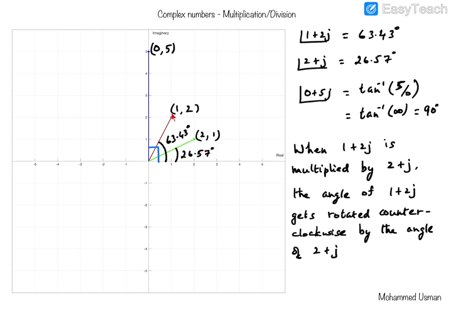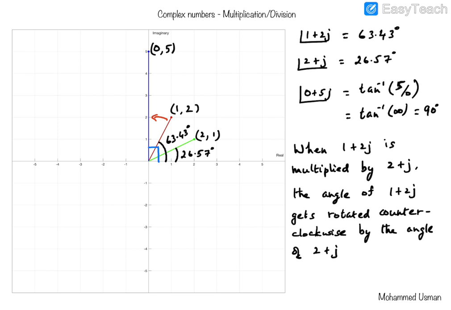Now when multiplying 1 plus 2j with 2 plus j, the effect that is going to happen is a rotation of 1 plus 2j by an angle equal to the angle that 2 plus j makes with the positive real axis, and that rotation will be in the counterclockwise direction. So this 1 plus 2j is going to be rotated in this direction by an angle equal to the angle that 2 plus j makes with the positive real axis.